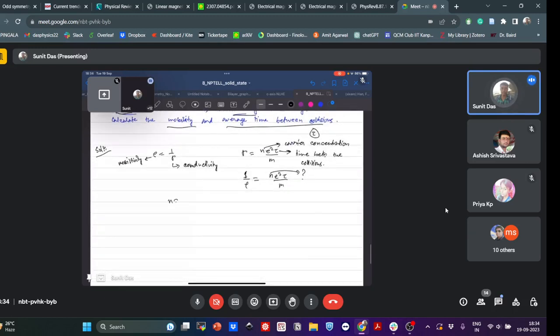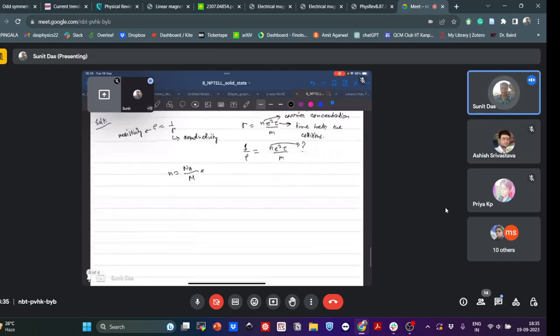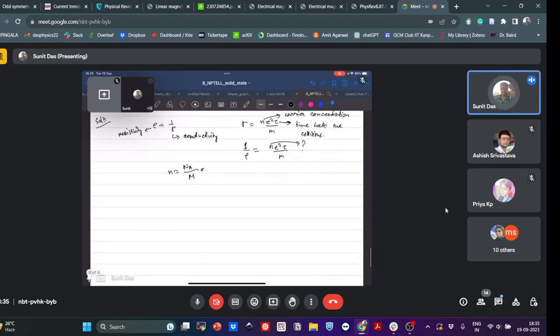So carrier concentration is given by Na, the Avogadro number, by atomic mass M, and then multiplied by density. The density is given as 8.92 into 10 to the power 3.